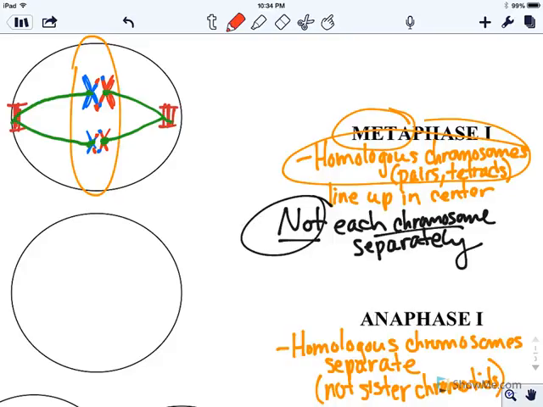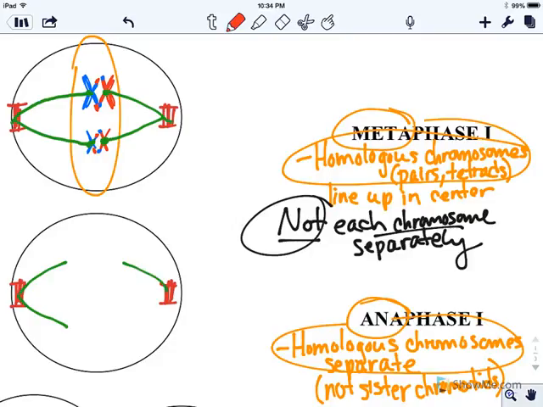So in anaphase, it still means apart, but here's the difference. My pairs, or my homologous chromosomes, are going to separate, not my sister chromatids. So I still have my centrioles, and my spindles are going to pull apart the pairs.